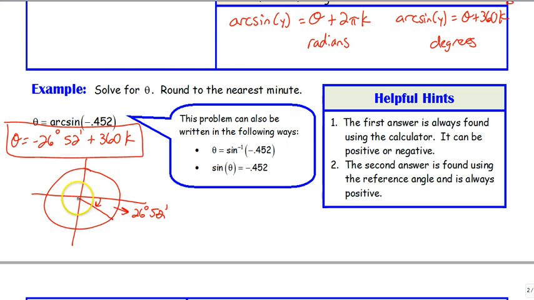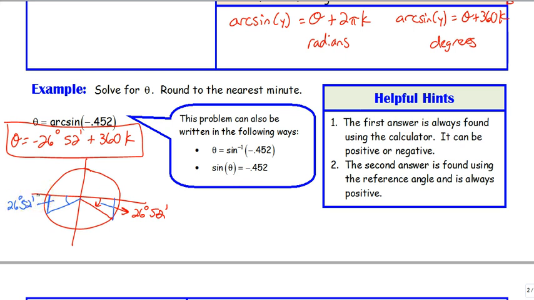So over here, at the same reference, this length will be negative 0.452. This angle is 26 degrees 52, and the length of y is negative 0.452. That's what that's saying there. So now we have the length of y is negative 0.452 here, and that means that this angle also has to be 26 degrees 52 minutes.